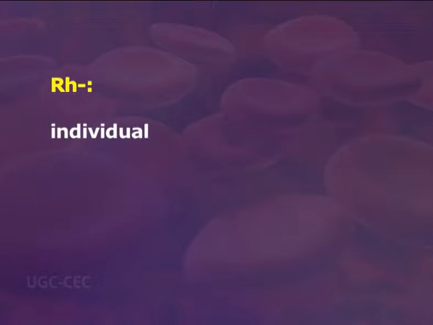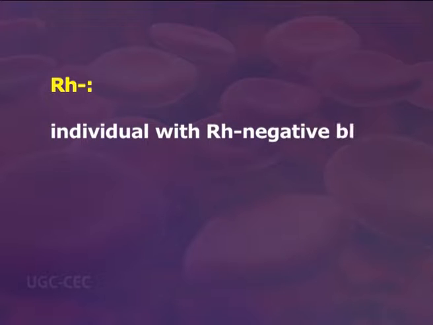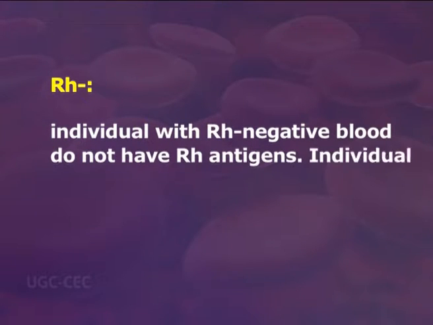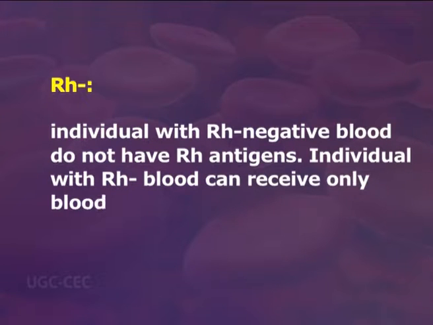Individuals with Rh negative blood do not have Rh antigens. Individuals with Rh negative blood can receive only blood that is also Rh negative. Together, the ABO and Rh grouping systems yield the complete blood type.